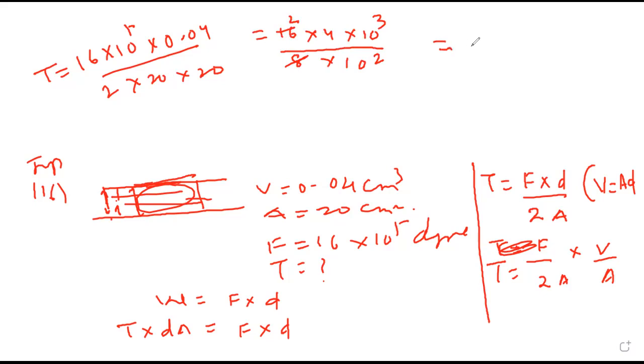So 2 into 4 is 8, 80 dyne per centimeter. First the work done formula, then the energy formula, both are the same.